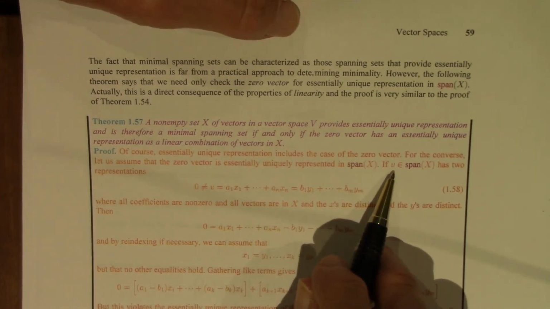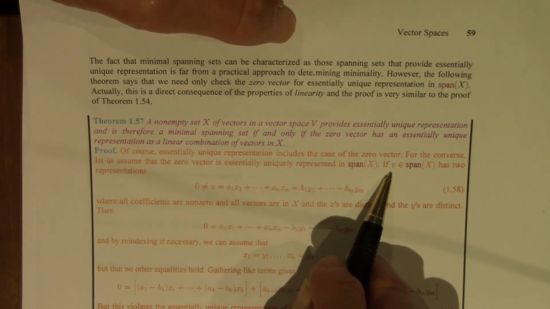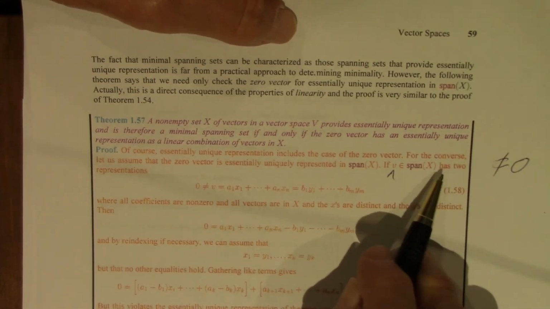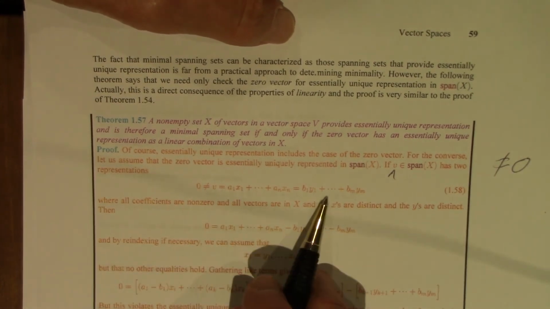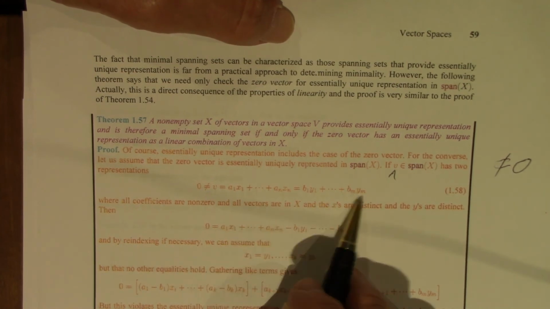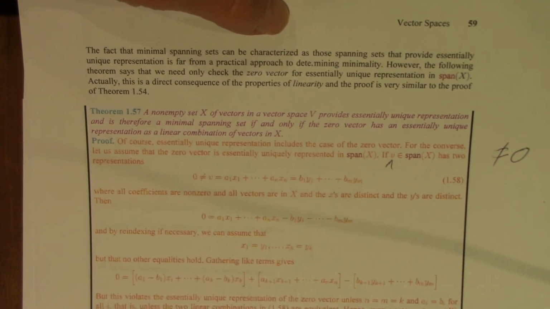Well, suppose we have a non-zero vector V that has two representations. Linear combination of x's, linear combination of y's, both equal to V.